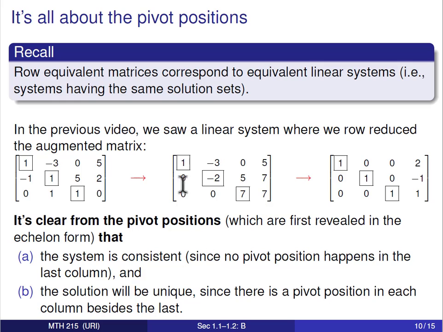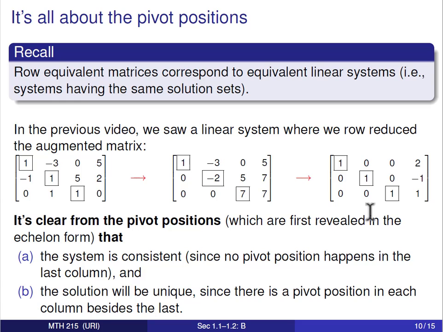But if you do have a pivot position in each column except the last, then the system will have a unique solution. If it just has pivot positions outside of the last column, we know it's consistent, but having a pivot position in each column except the last means that the solution will be unique.